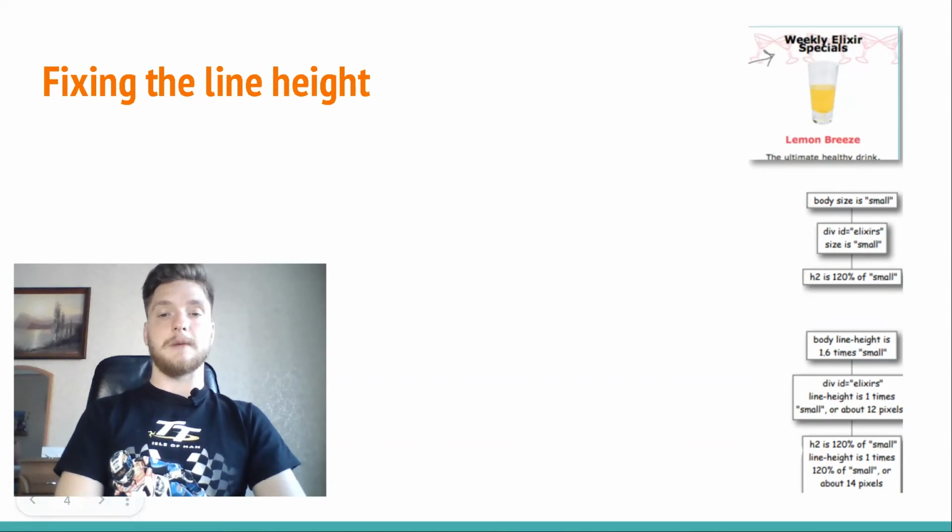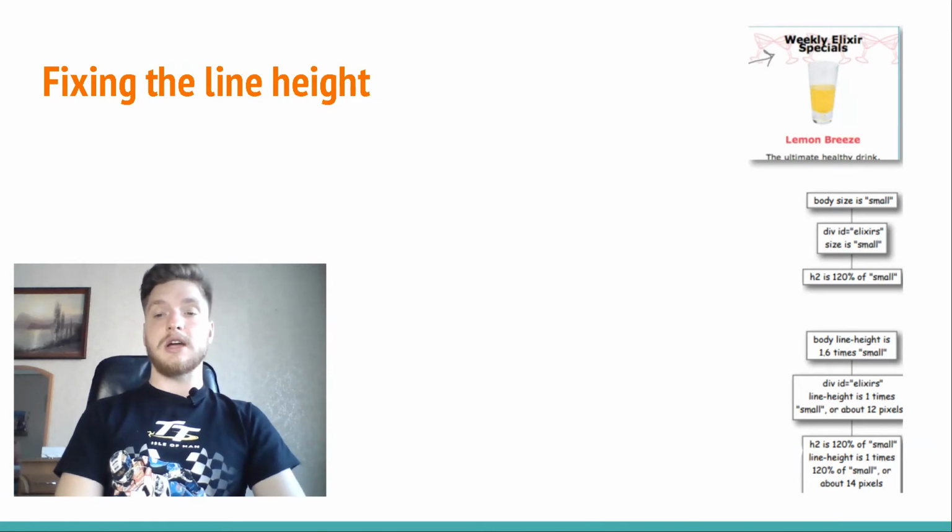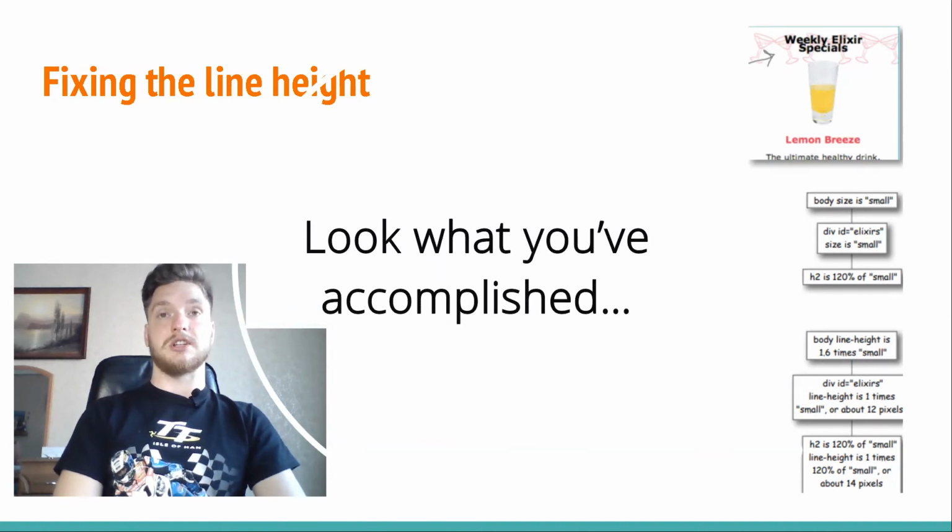And the font size of the P element is small. P inherits its font size from the elixirs div, so it will have a line height of 20 pixels, which is what we want. Look what you accomplished.